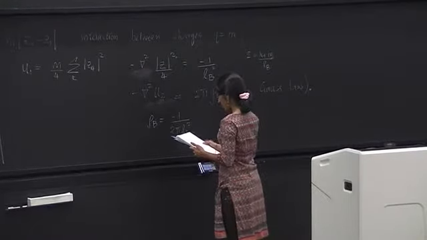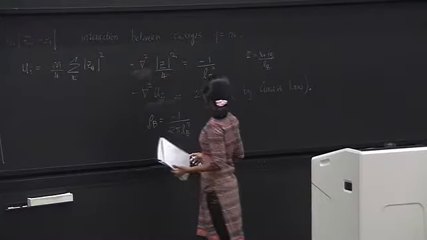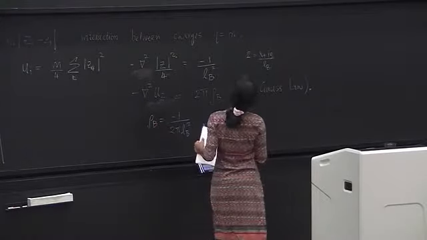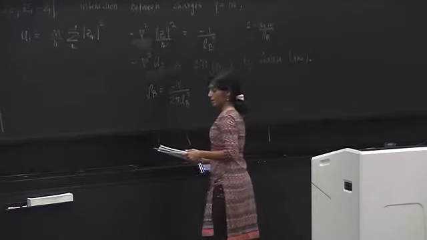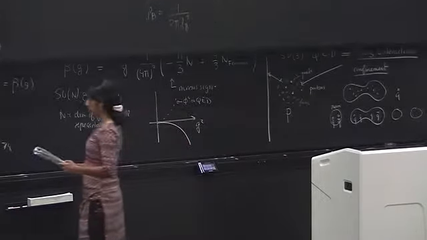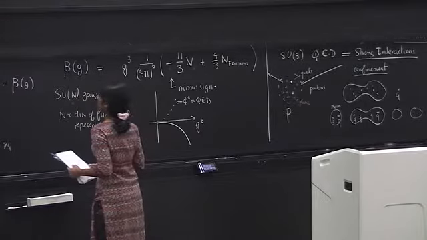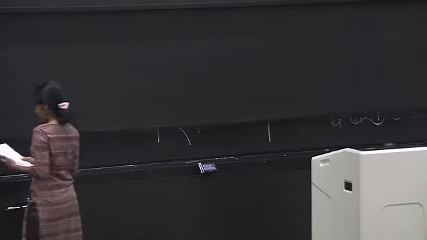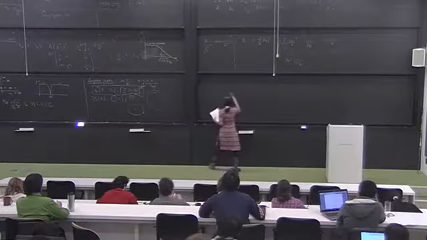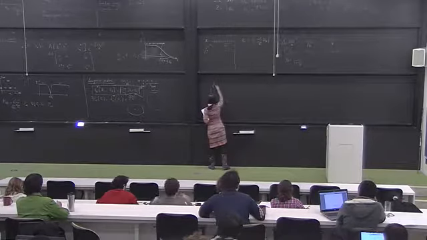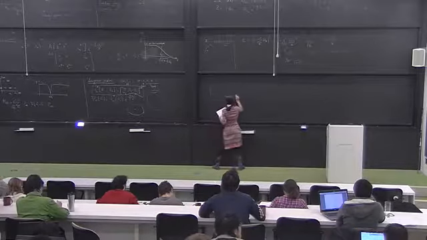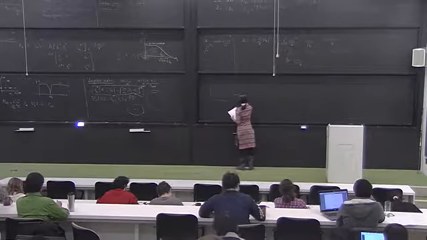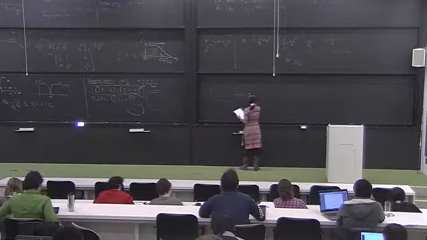Okay, so now we have a full picture for what this 2D classical gas is, which is that we have a uniform background of negative charge, rho sub b, which is given by this.